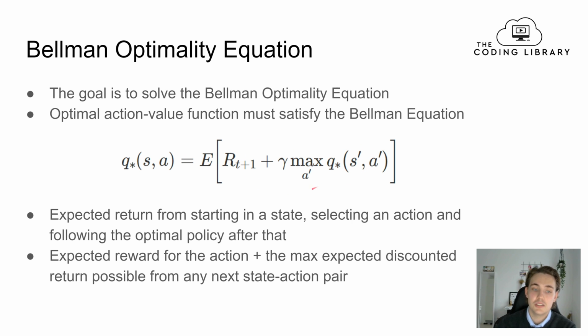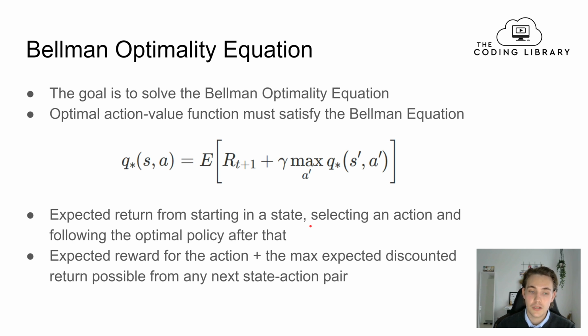So the Bellman equation here is the expected return for the next state, and then the discounted action value function for the next state and the next action that we're taking. So the expected return here from starting in a state, selecting an action, and following the optimal policy after that.